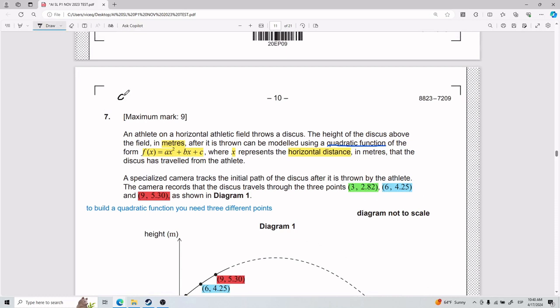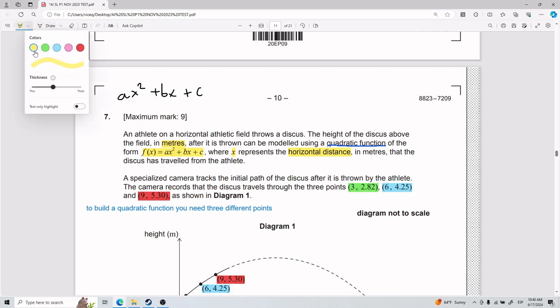You need 3 different points because, as you can see here, you have 3 different variables: A, B, and C. Technically your variables are x and y, but once you discover A, B, and C, you can plug them in and end up with a quadratic function.